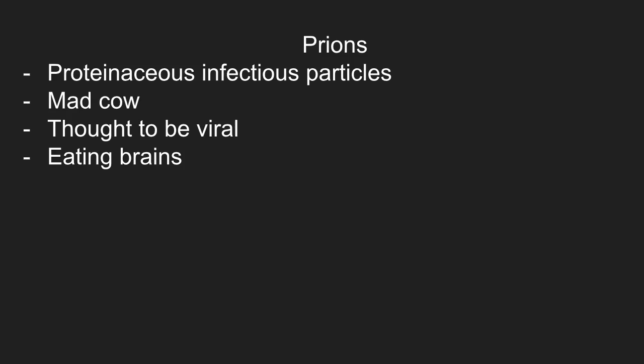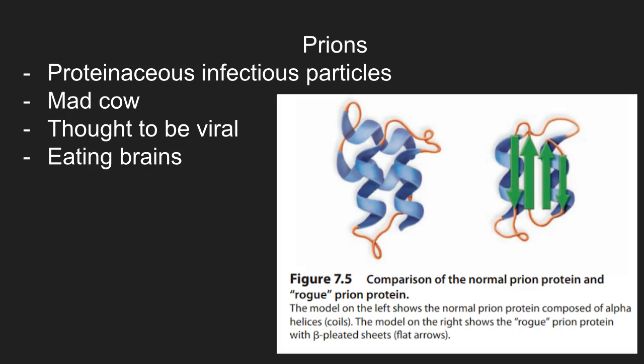But the most common method of transmission for this is eating the brains of another organism. So there's a bad problem when it comes to treating things like mad cow disease, and you can see what it is here. The protein that has gotten misformed and turned into a prion, because that's what prions are at their basic level, is just misfolded proteins.